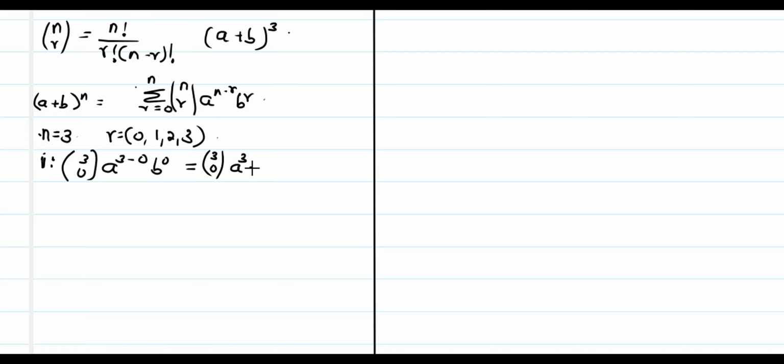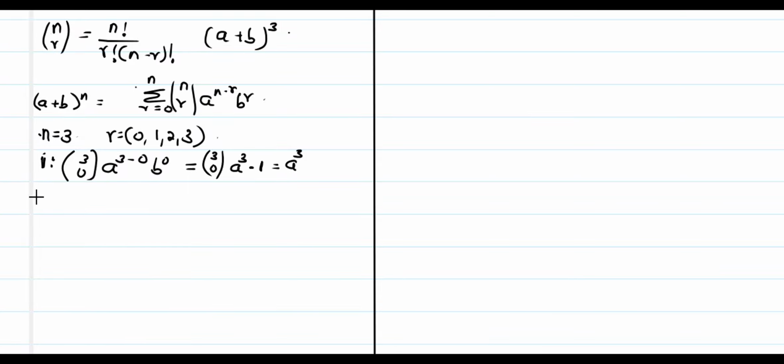If we multiply by 1 here, it will just remain a raised to power 3, but don't forget we have 3 combination 0, which is the coefficient. We will solve it later. For now, let's just put all the expansions.